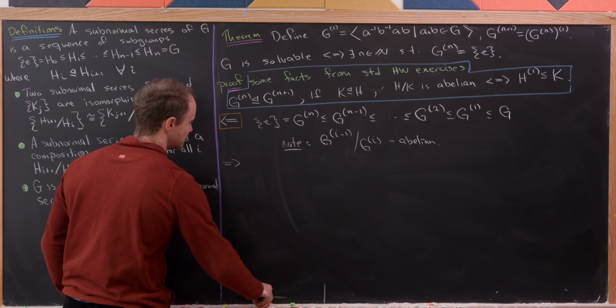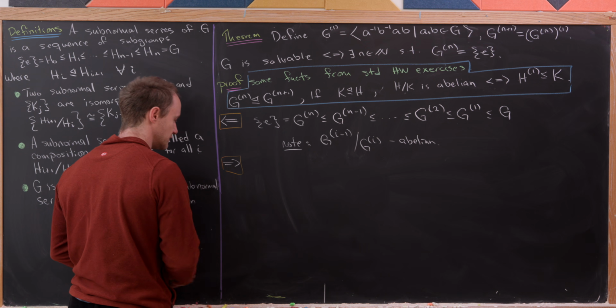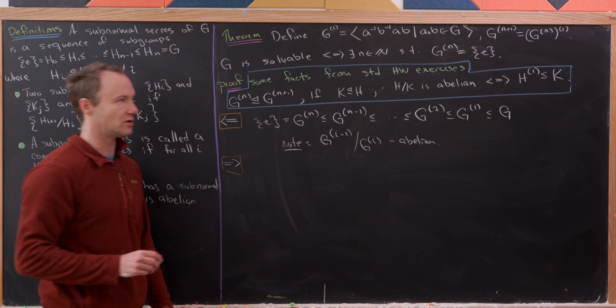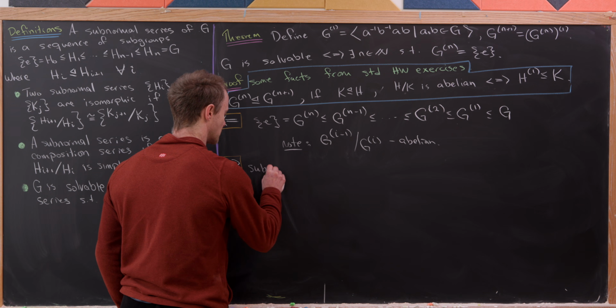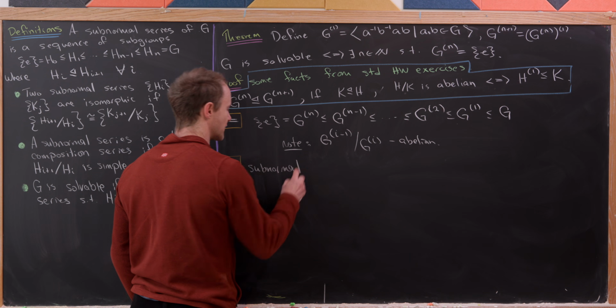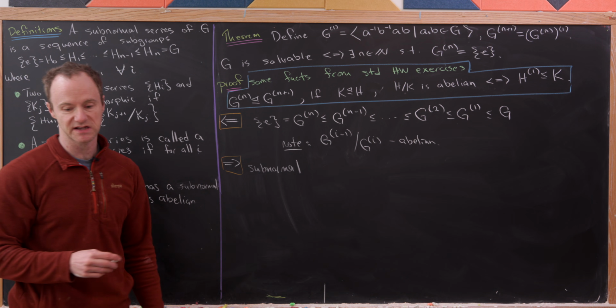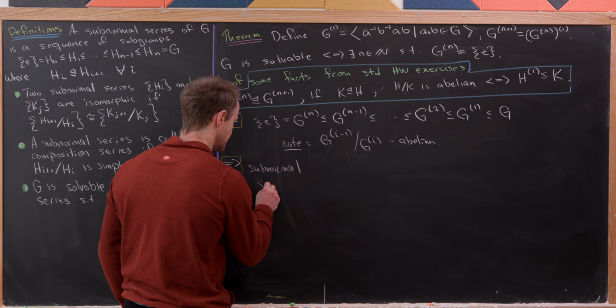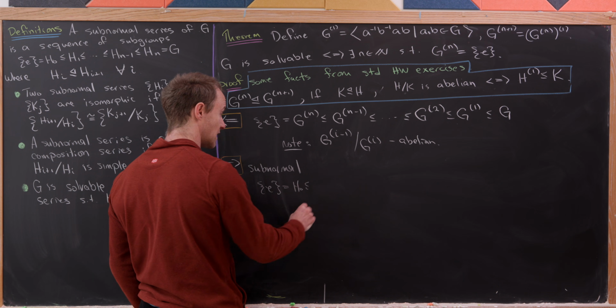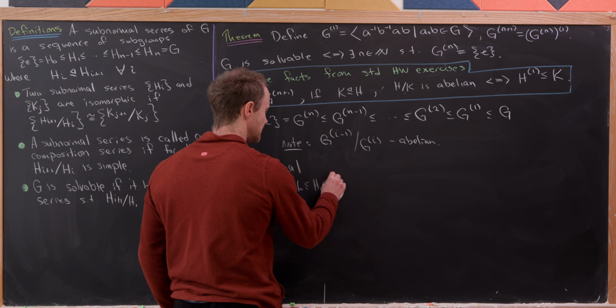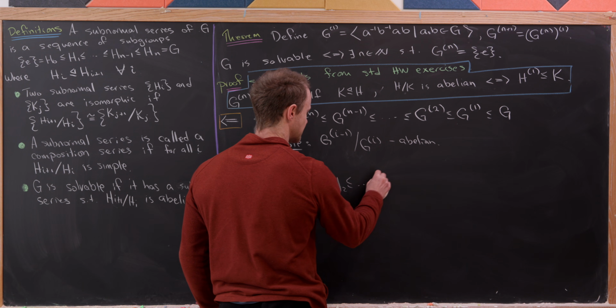In the reverse direction, we're going to suppose that G is solvable. But if G is solvable, then we have a subnormal series where those quotients are abelian. So let's look at our subnormal series. We've got E, which is H naught, which is a subgroup of H1, subgroup of H2, so on and so forth.